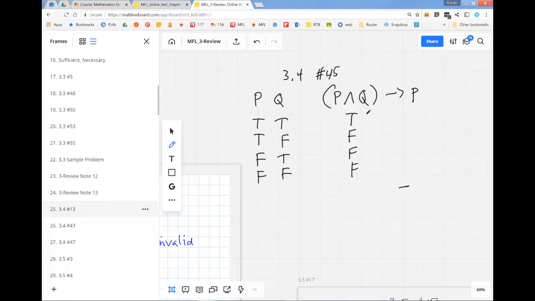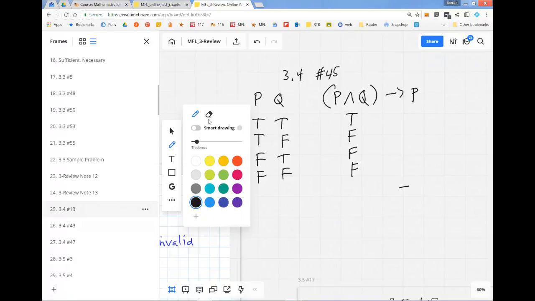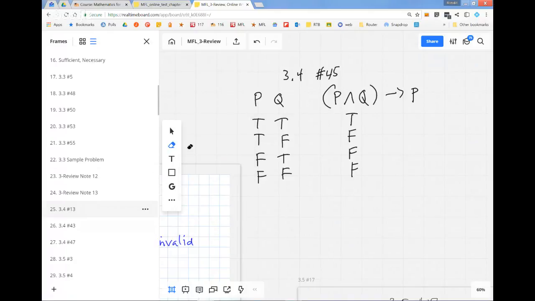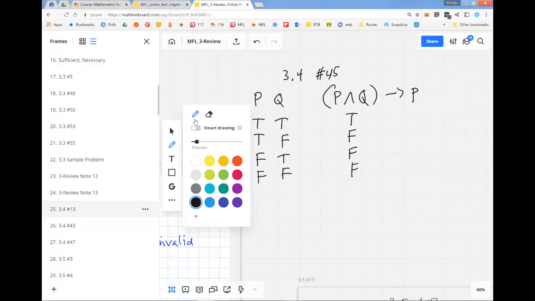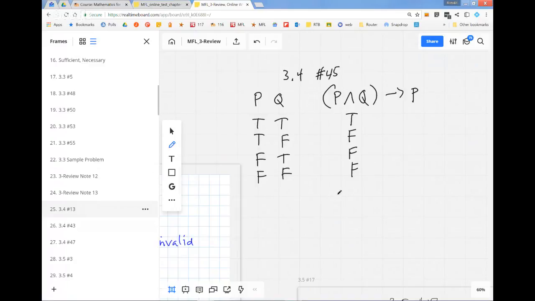Oh, I didn't finish that column yet. Sorry, I maybe went too quick on setting it up. For the middle column, I got true, true, false, and false.